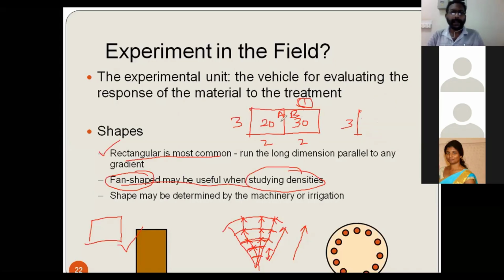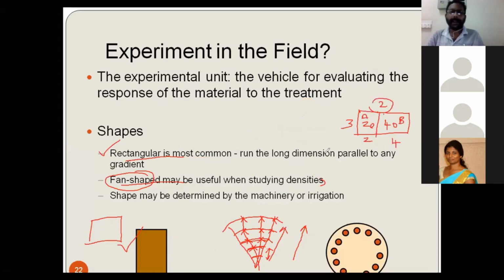Different. In 1, density is different because if you calculate it, the area of the plot is the same, but for the same area you have a different number of plants.